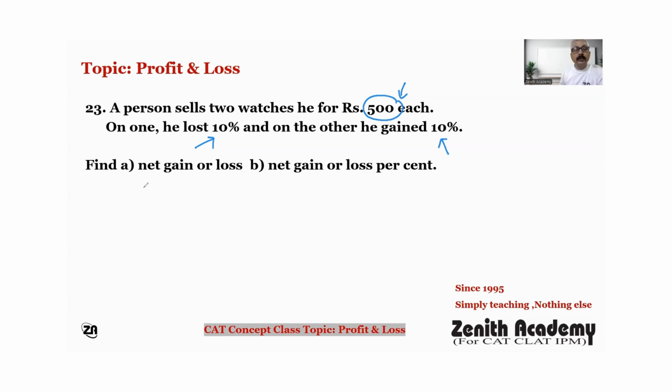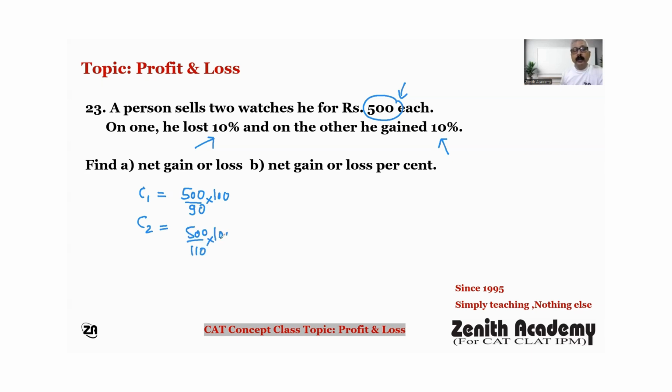Let the cost of one watch be C1 and the other C2. So look here, C1: 500 is the selling price giving you 10% loss, so C1 is 500 upon 90 into 100. Is it okay? And C2, another watch, which you are selling at 500 rupees, giving you 10% profit, means 500 rupees is 110% of the cost price.